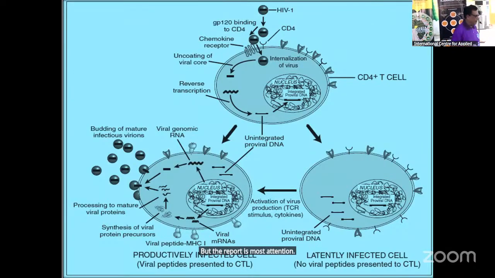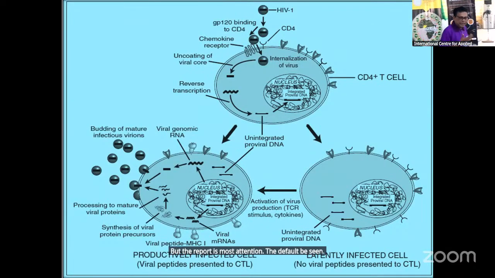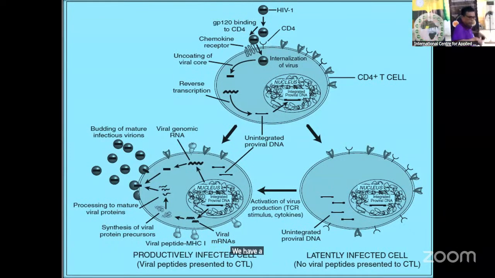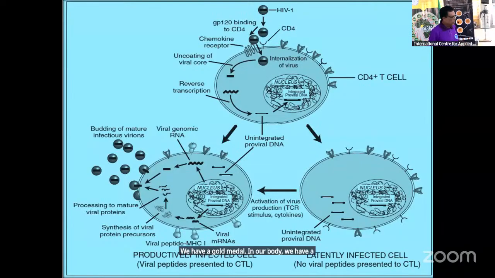How is the CD4 T cell generated? It is generated in our body. In our body, we have bone marrow. Constantly from that place, this cell is being produced. And there is another place in our immune system called the thymus.